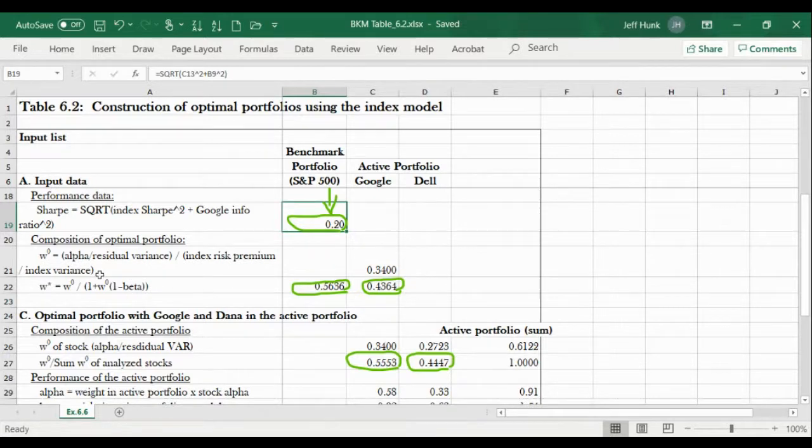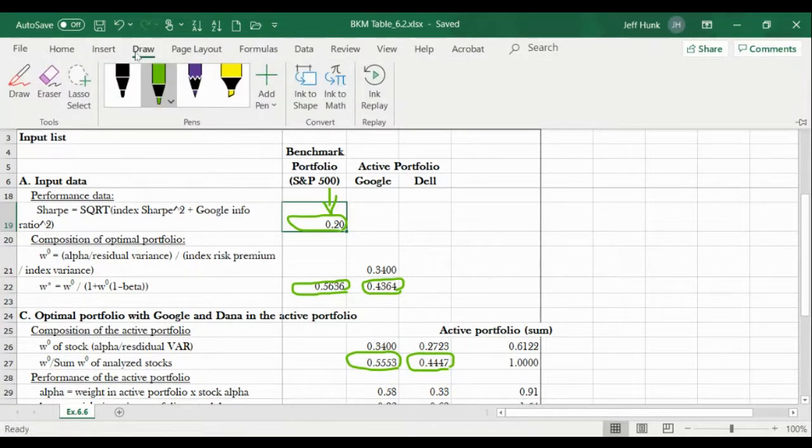We know the weight is, I mean, it's not exactly the info ratio, it's the alpha over the error variance, right? Residual variance over the total, right?